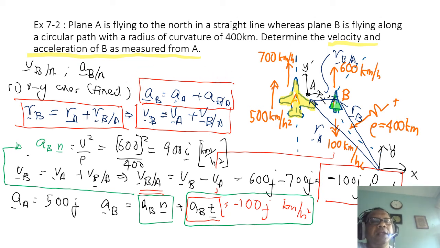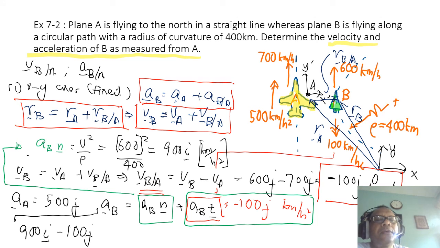So AB equals AA plus AB relative to A. AB is 900I minus 100J, and AA is 500J.